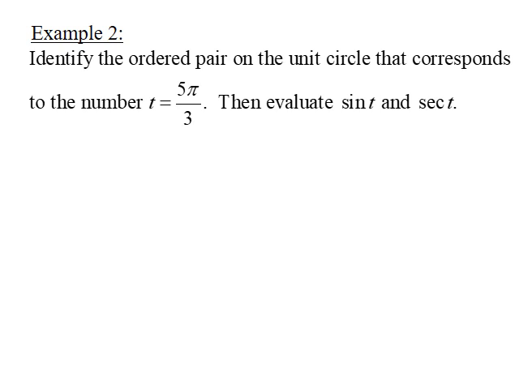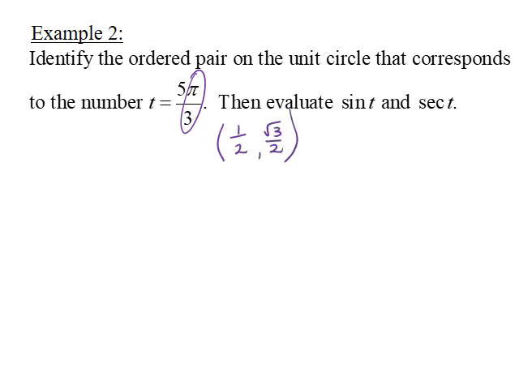And here we go. It says identify the ordered pair on the unit circle that corresponds to the number t equals 5 pi over 3, and then evaluate sine of t and secant of t. So what I want to do first is notice that this is a multiple of pi over 3. Any multiple of pi over 3 is going to take on some form of the ordered pair (1/2, root 3 over 2).